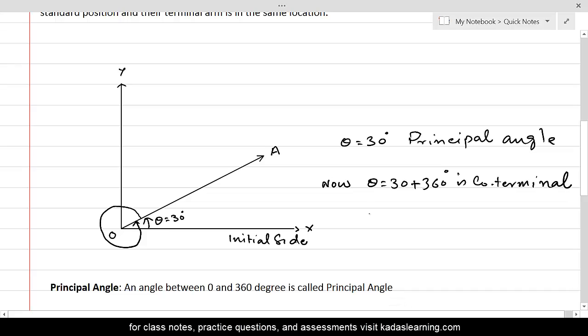And if we had subtracted 360, we would end up still at the same place. So theta is equal to 30 minus 360, that still is coterminal, because the terminal arm will still be in the same position.